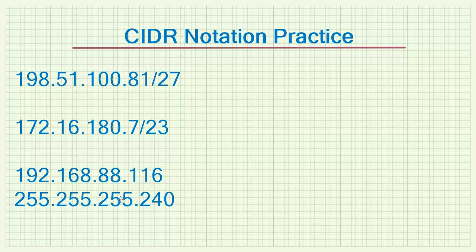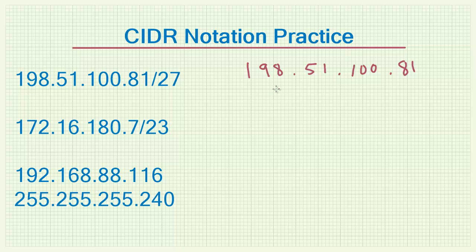It'll be 192.168.88.116/something. So that will be for you to figure out what the number after the slash should be in this last example. So go ahead and pause the video and work through these 3 examples, and when we come back we'll go through them together.